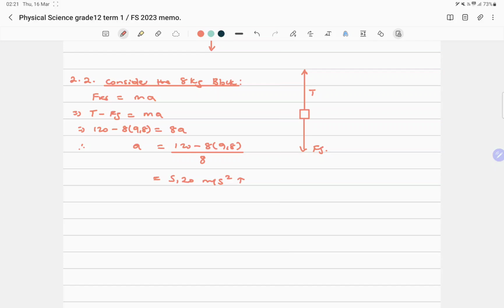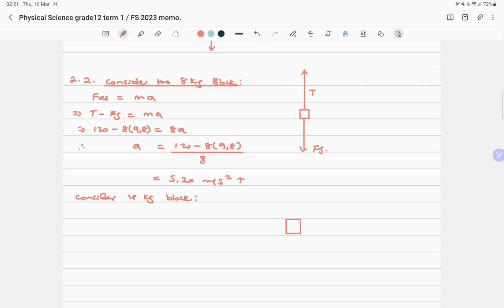Ne? So don't get yourself confused. So, and then we say now, what about the 4 kilogram block now? Okay, now there's how many forces acting on it?